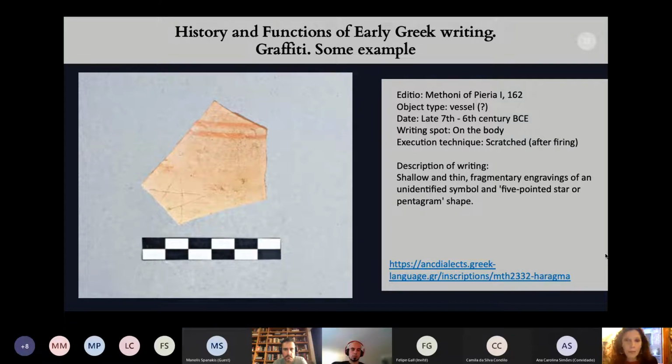So in Methoni we have all these different levels of writing, also of literacy, I would say. So we have the mark, we have the longer inscription, and that's why I think it was very interesting to show you this corpus, also because it's relatively new.